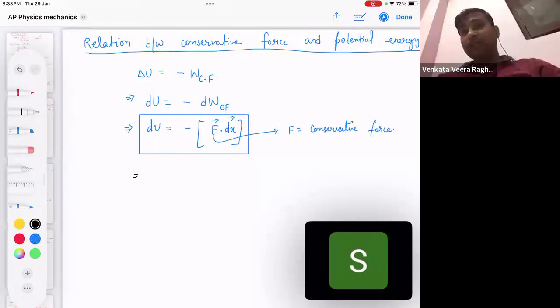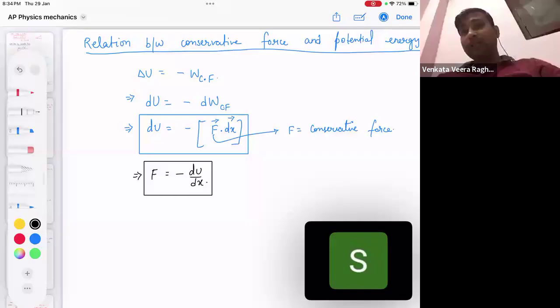F equal to minus dU by dx. Listen. If force is given, you can find the change in potential energy by integrating it.